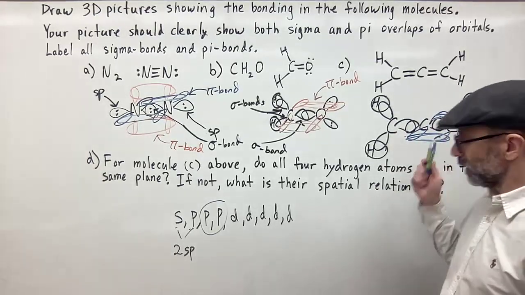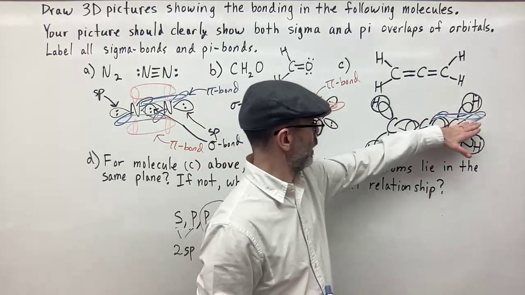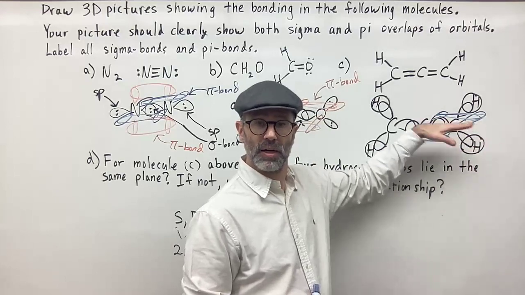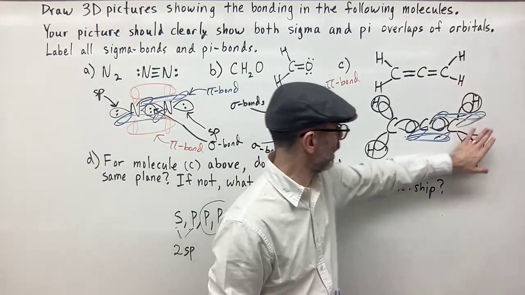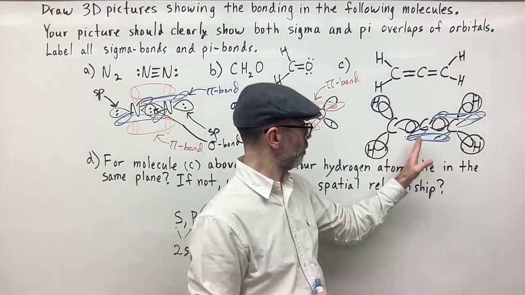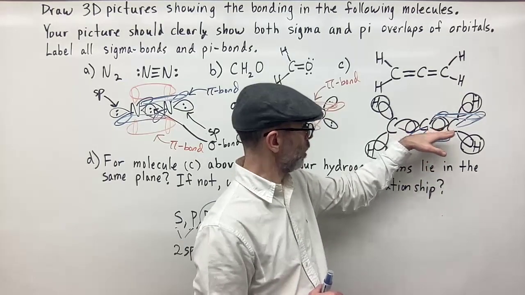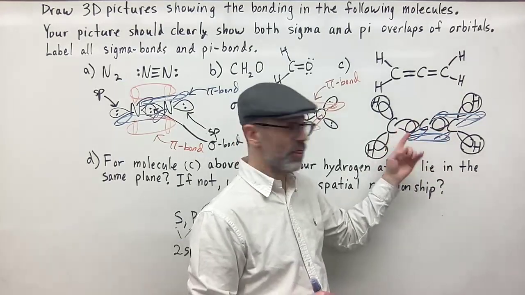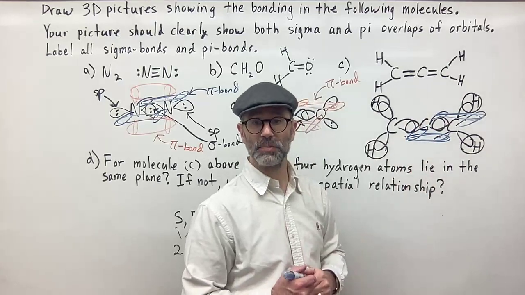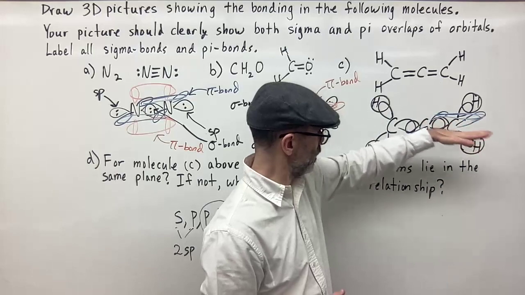But the thing to keep in mind is if this p orbital is going in and out of the board like this, perpendicular to the plane here, then the other unhybridized orbital for this middle carbon has to be perpendicular to this one, which means that the second unhybridized p orbital is going to be perpendicular to this here.